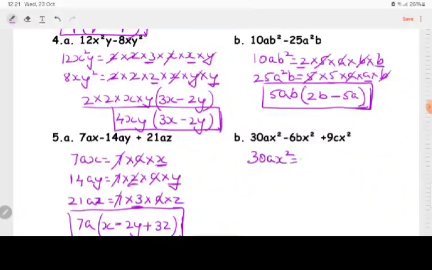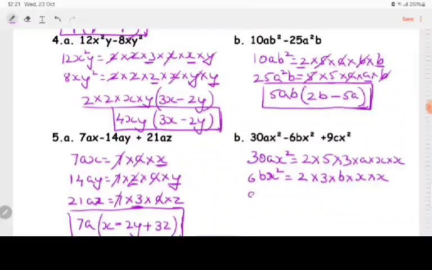30AX square is equal to 2 into 5 into 3. 2 5s are 10, 10 3s are 30. All three are prime numbers into A into X into X. We have 6BX square, which says 2 into 3 into B into X into X. And we have 9CX square is equal to 3 into 3 into C into X into X. So all three of them don't have a 2.